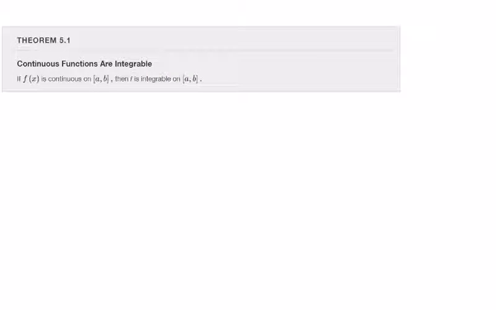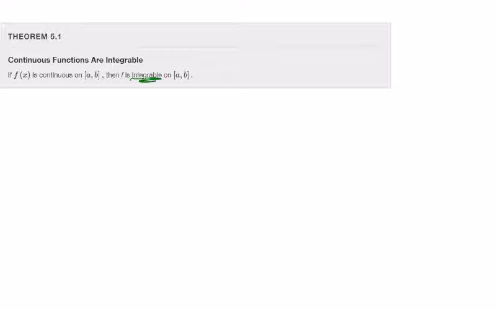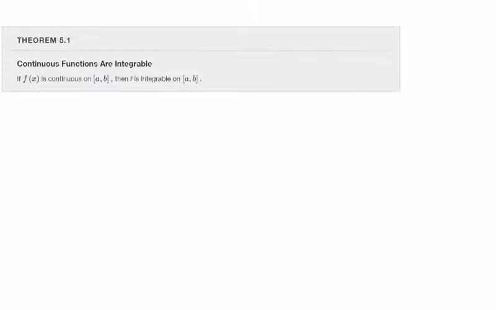All right. So continuous functions are integrable. If we know a function is continuous, then it must be integrable on that interval, or in general, if the function is continuous, that means it'll be integrable everywhere.